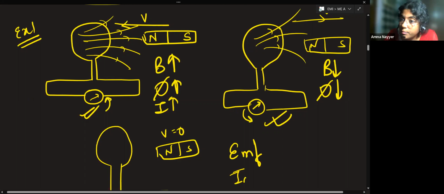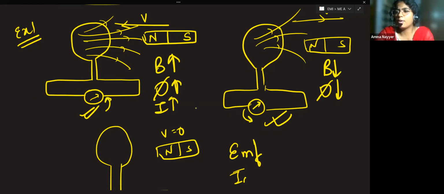Since this EMF is generated because of the movement of the magnet, you are inducing this EMF. Since it is present because of the change in flux, you call this induced EMF or induced current. Understood this fact?